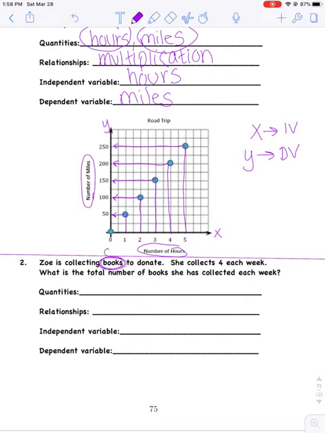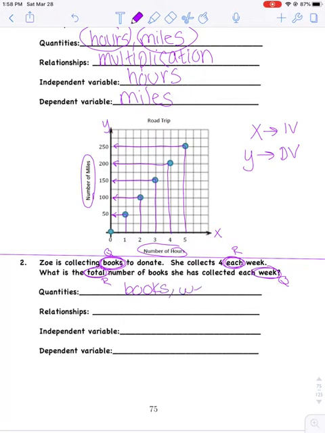For my quantities, I see books and I see weeks. Remember with these 2 variable equations, there's going to be 2 quantities. For my relationship, I see each. And total might be. I think it might just be each, but I'm going to circle total just in case.